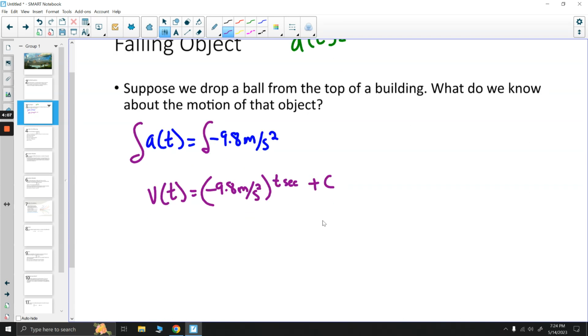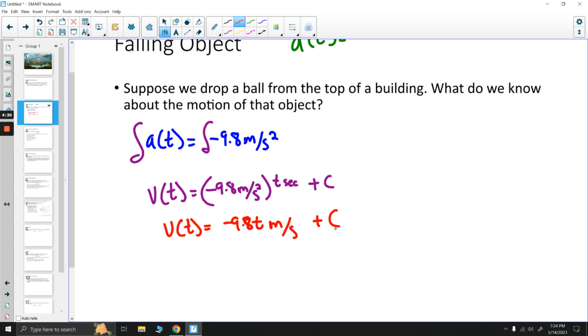So these seconds cancel, one of them at least, and we get v of t is equal to negative 9.8 t meters per second plus some constant.